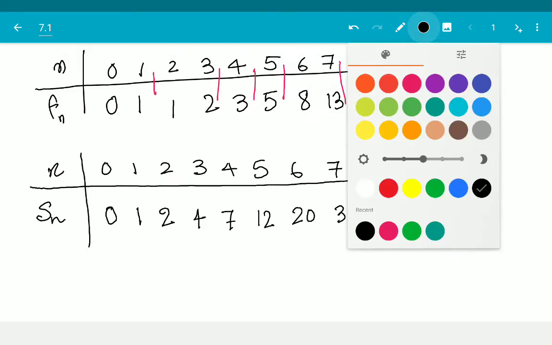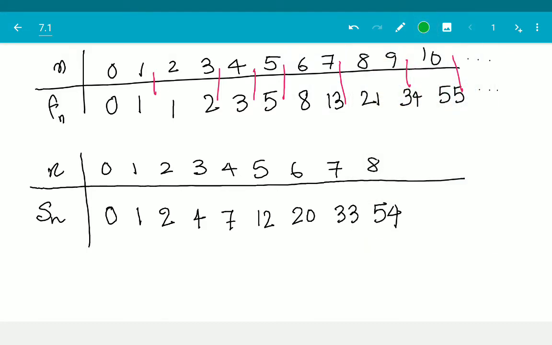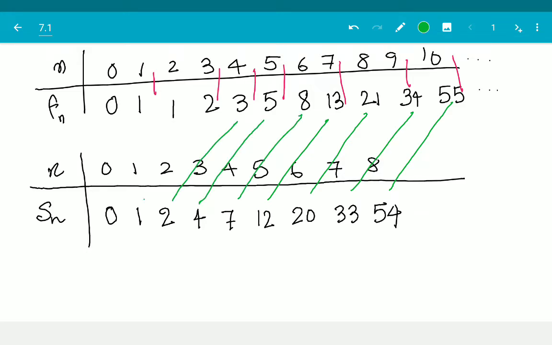You start noticing a pattern, right? There is some correlation here. And so this gets us to think that maybe these are related to the next sequence.